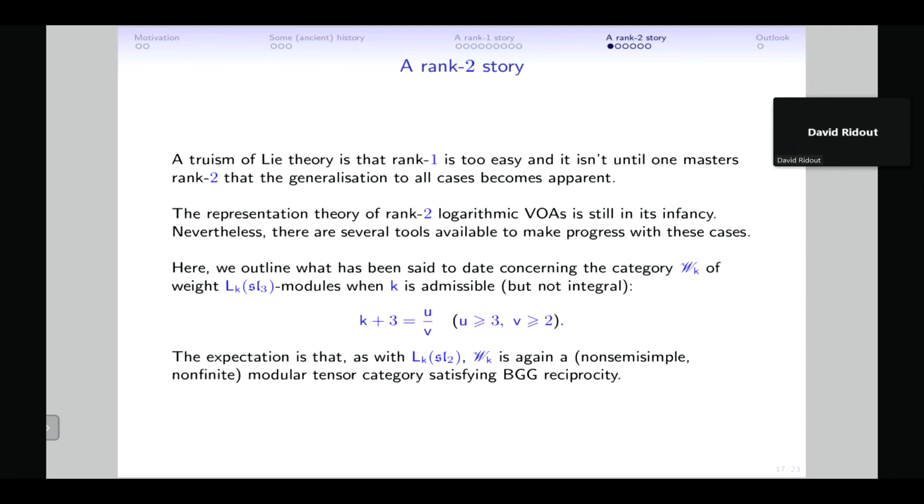To try to be a little more precise, inside your category you have a subcategory of modules which look like they're at level U minus 3 in this case. So when you're at boundary admissible level, it looks like you're at level 0. You just have the vacuum module. And so that does simplify a lot of the work.